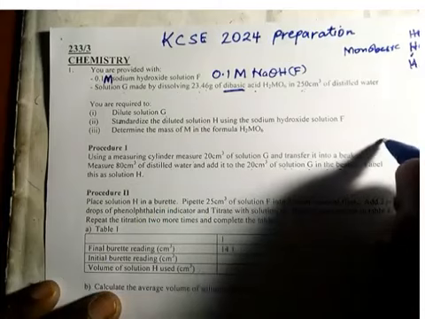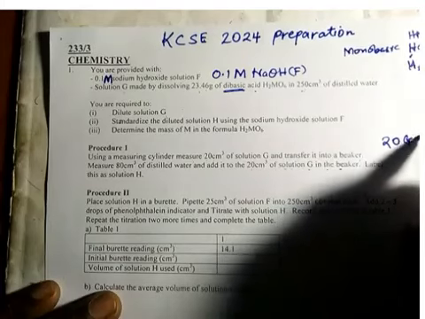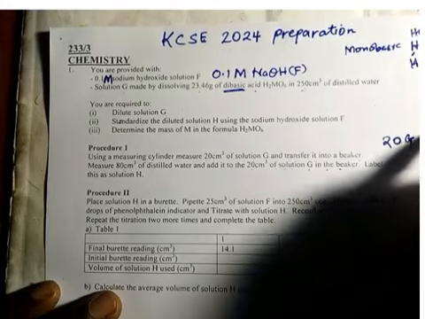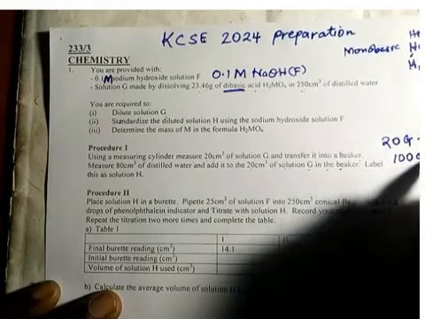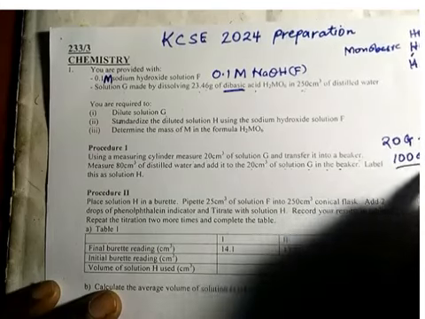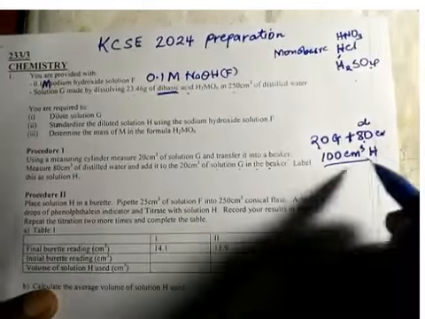We take 20 cm³ of G, add 80 cm³ of distilled water, forming 100 cm³ of solution H, because 20 plus 80 is 100.